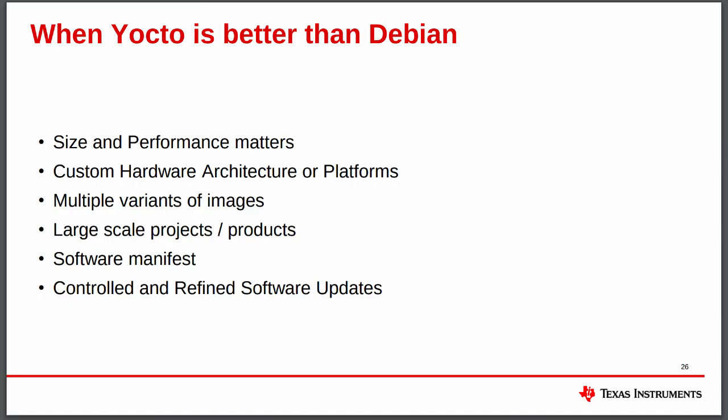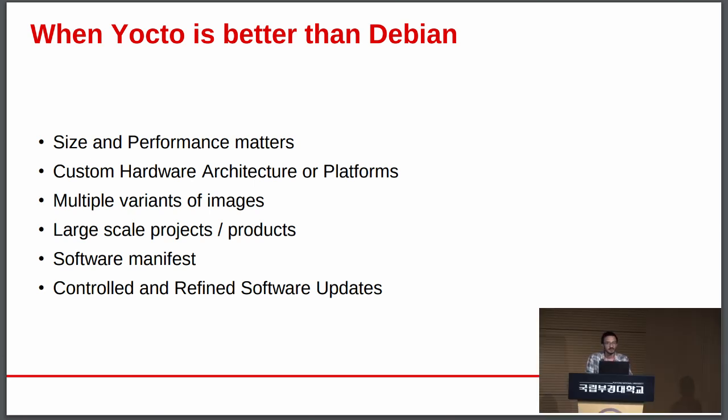So software manifest is a file. I hope you all know about that. So when you want to make a release, at least in TI, we need a software manifest which includes all the packages that are installed along with their licenses.